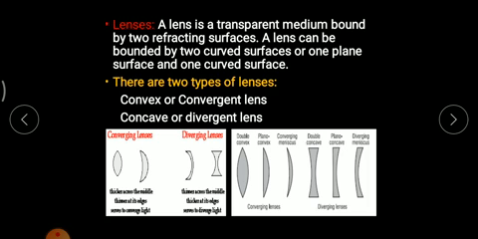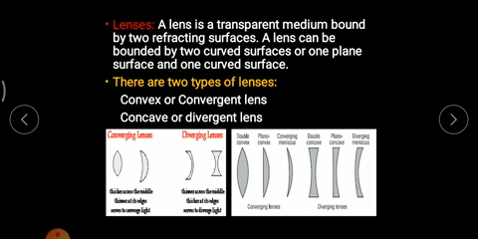A lens can be bounded by two curved surfaces, or one plane surface and one curved surface. As you can see in this picture, there are different scenarios. Some lenses have both refracting surfaces, some have one plane and one refracting surface, and it varies according to the situation.